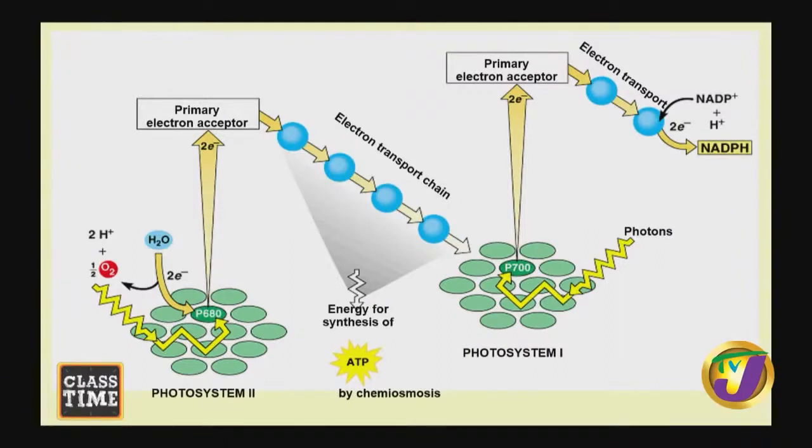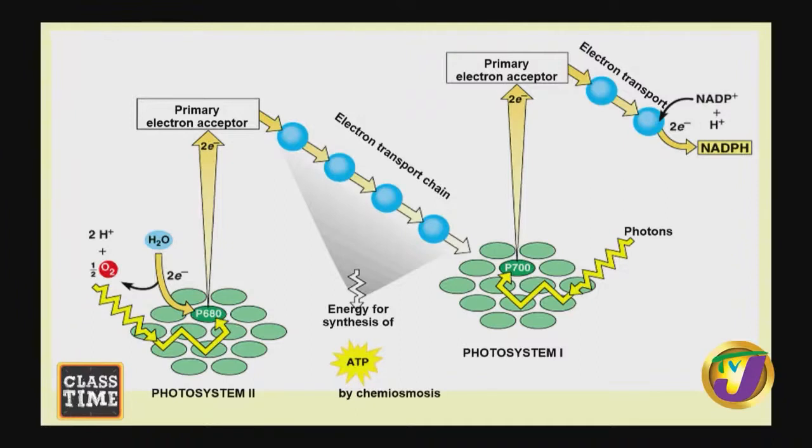But because of the position that the water is in at the time, with all of this light around, such a stable molecule becomes weakened, the bonds of it become weakened because of the pull of the P680 that really wants its 2 electrons back.